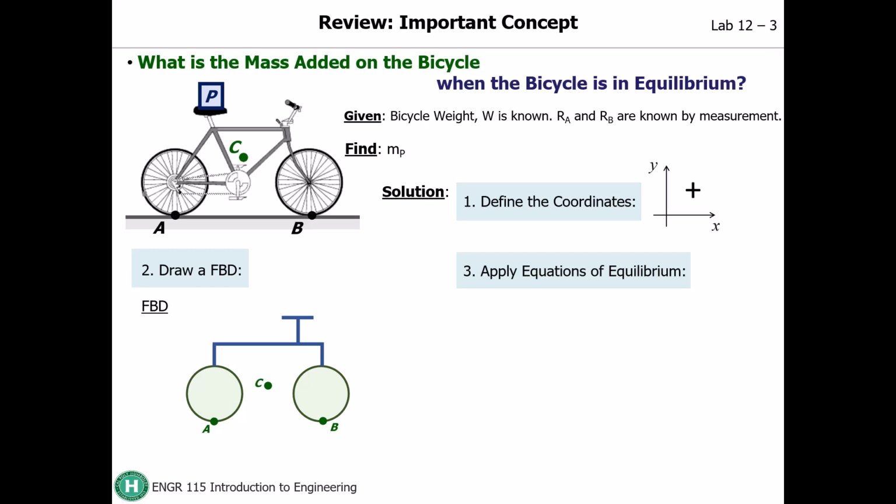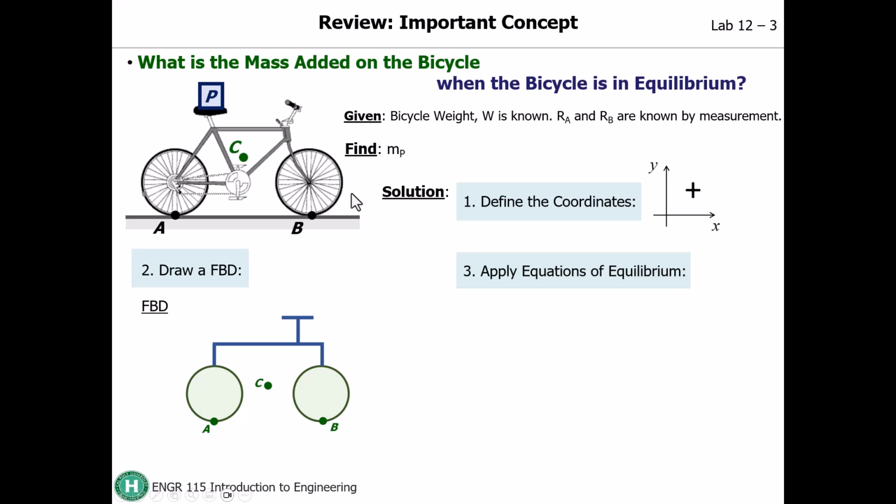So therefore, points A, B, C must be included in this diagram. Then we isolate the body from the surroundings. In this example, the surface will be the surroundings, and then we will isolate this bicycle from the surroundings and then show all the forces acting on the body.